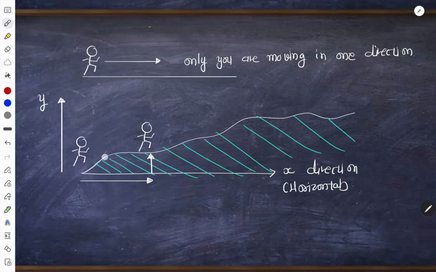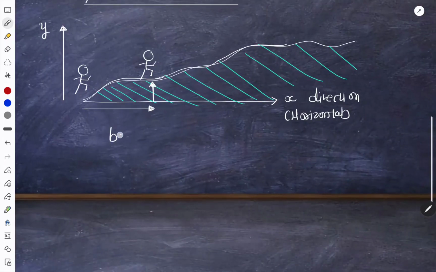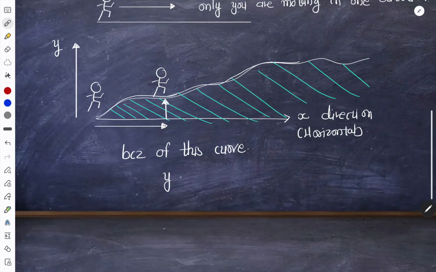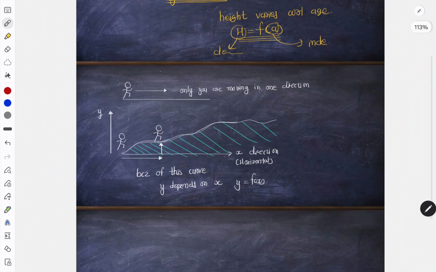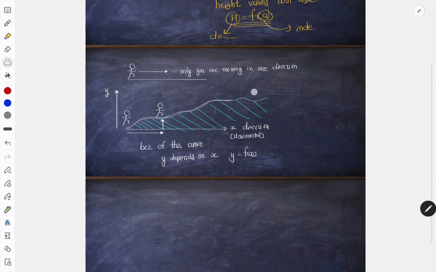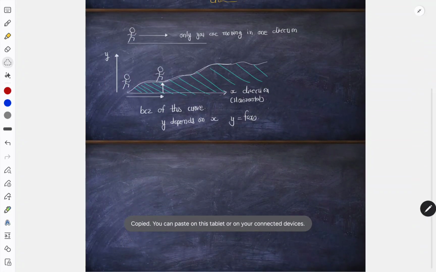Because of the nature of this curve or terrain, your y depends on x. So y is a function of x. That is understood?